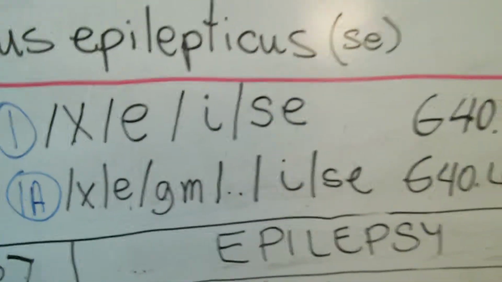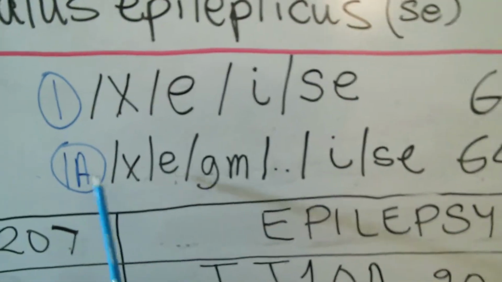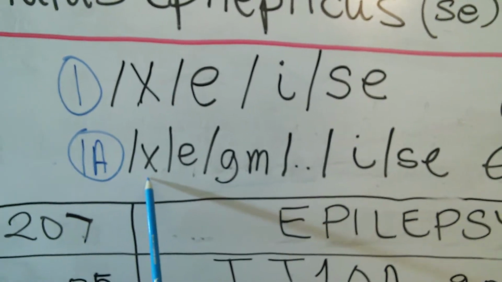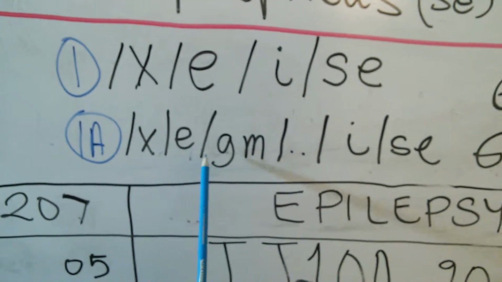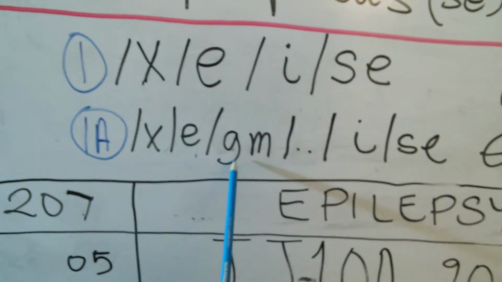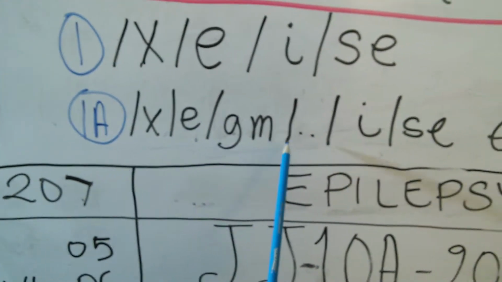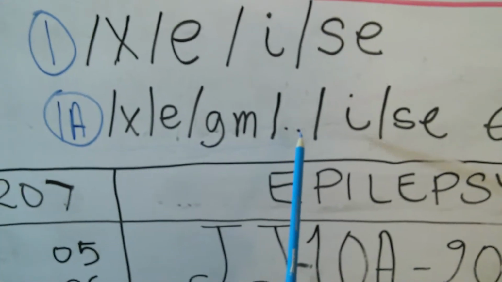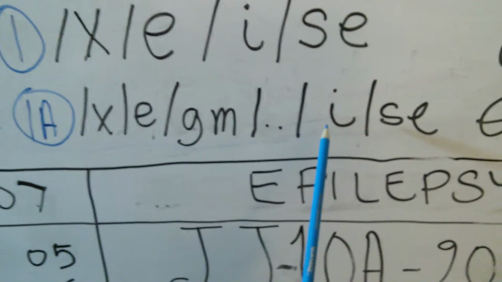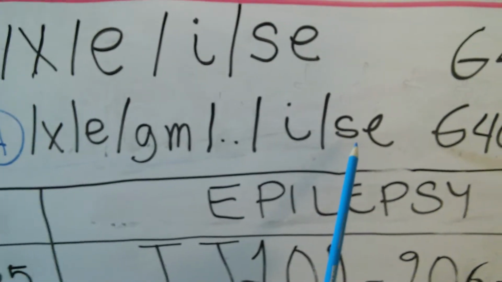You go to the index, then you go to epilepsy, then you go to grand mal or with grand mal. It tells you instructions to go here, go there, but then you find intractable, and then you find status epilepticus.